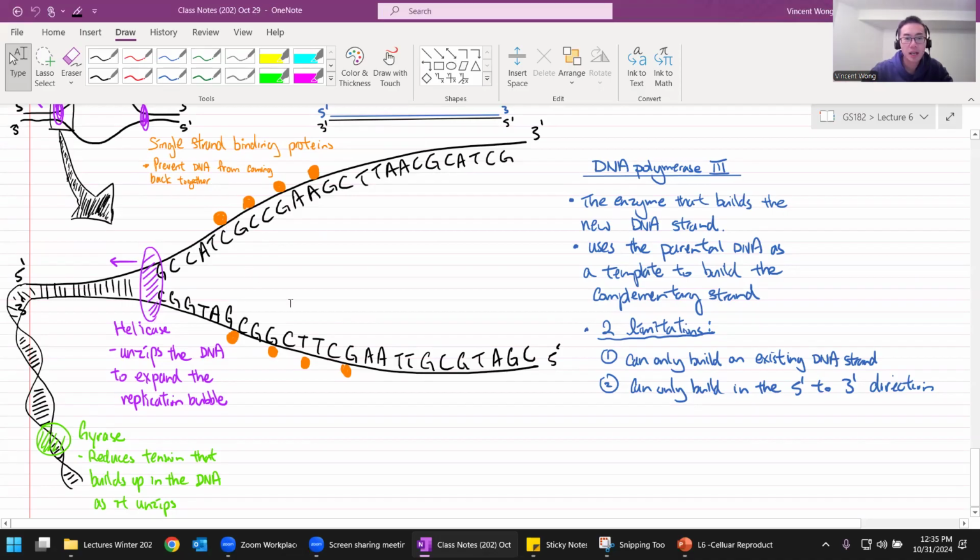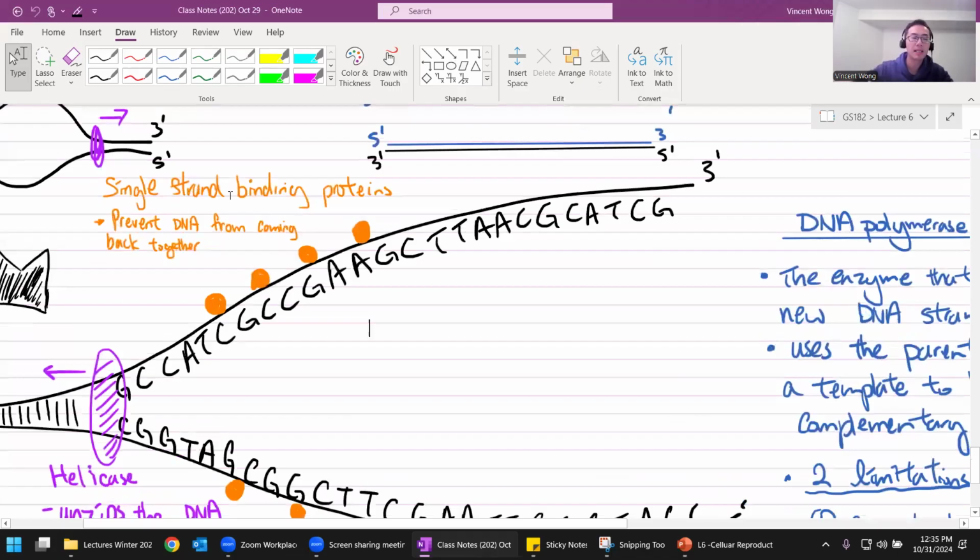The two strands of DNA are attracted to each other. The A's are attracted to the T's, and the C's are attracted to the G's because of the hydrogen bonding. But we don't want the two strands to come back together. We need access to these nucleotides. So that's where the single strand binding proteins are going to come in.